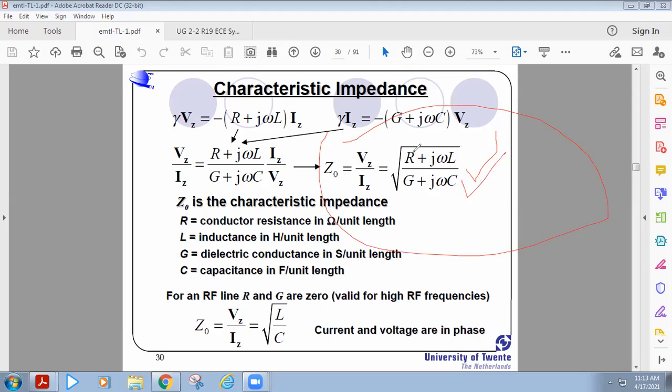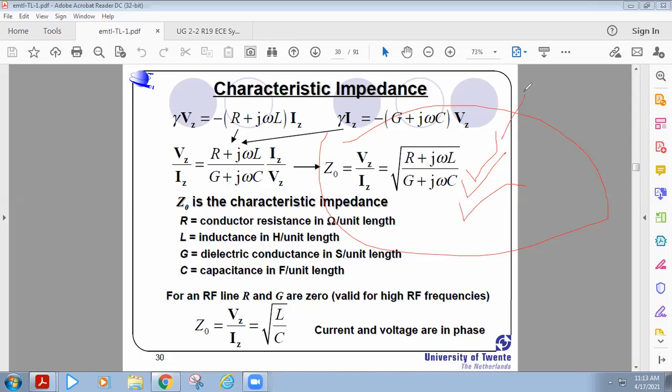And the third case, R by L equal to G by C. We replace the components using that relation, and that is called the distortionless condition.